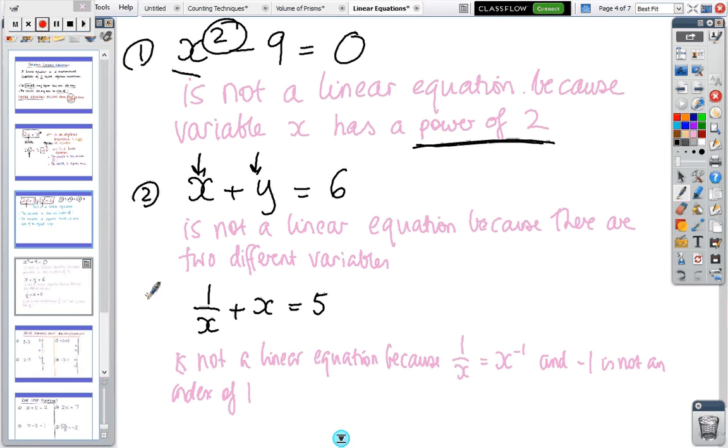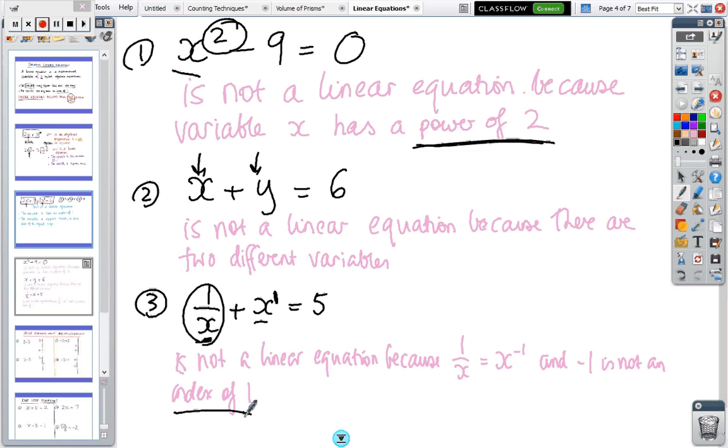It might lead to simultaneous equations, or it might be an equation called a Diophantine equation. In the third one, because I've got the variable x appearing twice, I have to look at it separately. This one has a power of 1, but this one has a power of minus 1 because it's on the bottom, and minus 1 is not equal to 1, so we have a not linear equation.